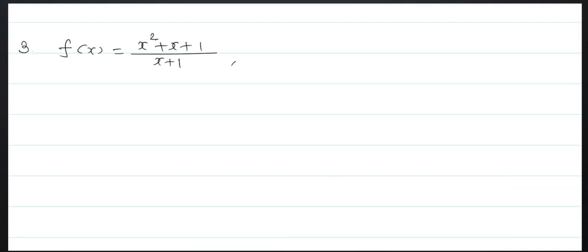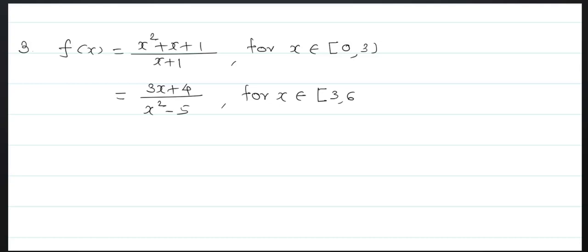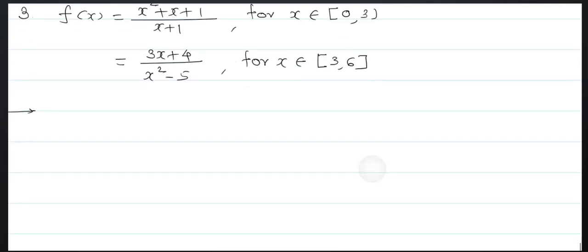F of x is equal to x square plus x plus 1 upon x plus 1 for x belonging to closed interval 0 and open 3, and 3x plus 4 upon x square minus 5 for x belonging to 3 to 6.